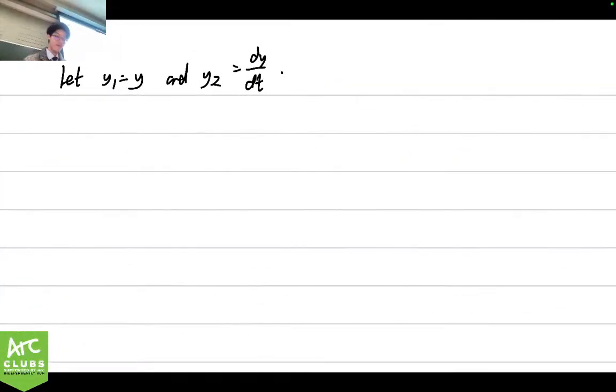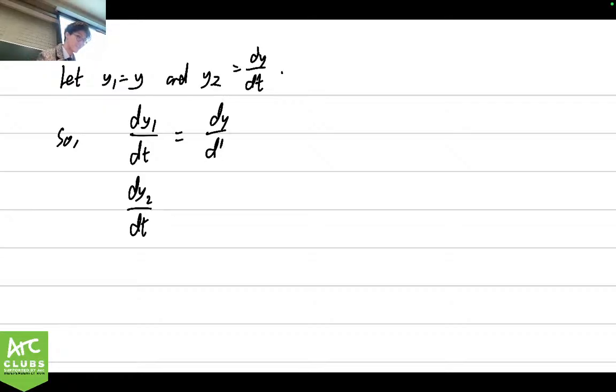Then what we'll have is a first order system where we take it with respect to these two variables, y1 and y2. Now, dy1 on dt is just dy on dt, and dy on dt we've defined as y2. So it essentially is just 0 times y1 plus y2.